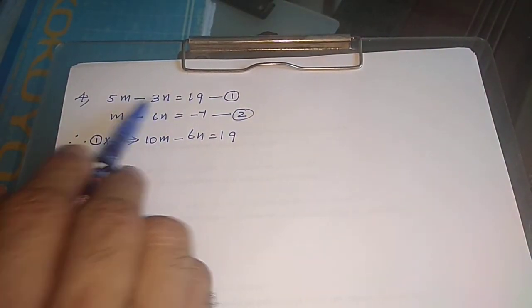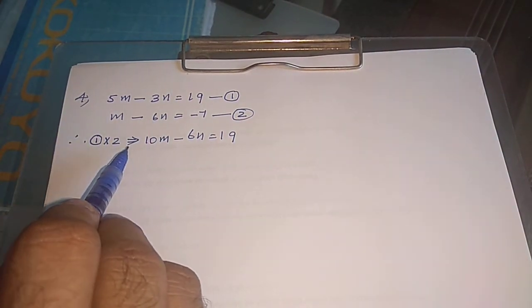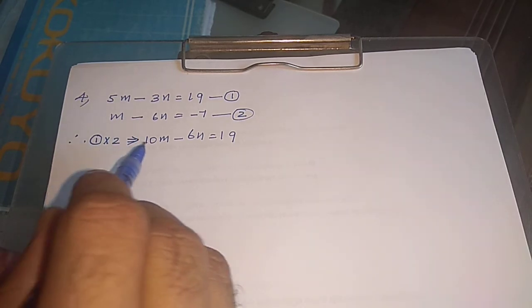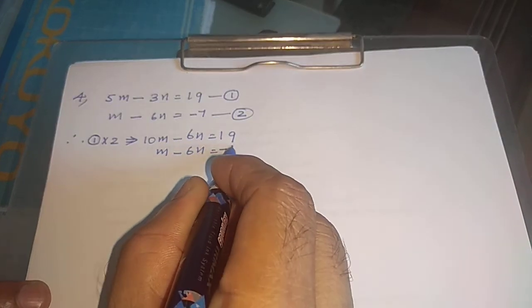Now we made 6n in the first equation. In the second equation we already have 6n, so we also write m minus 6n is minus 7.